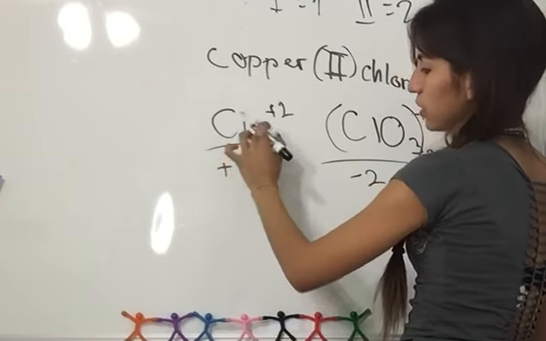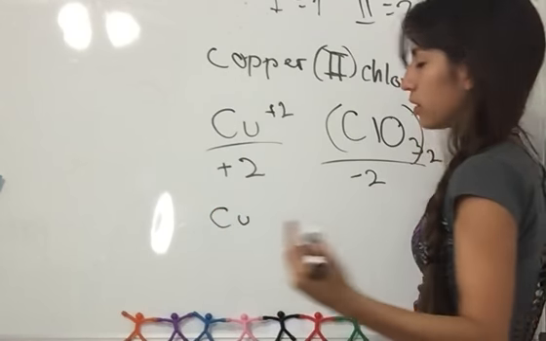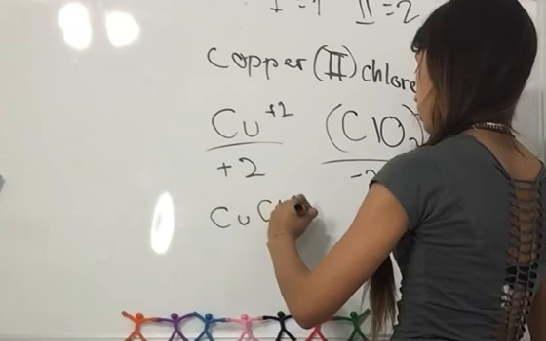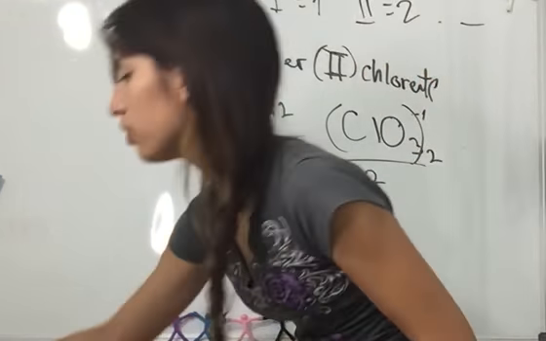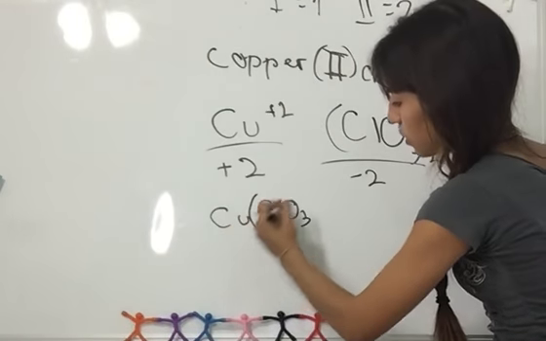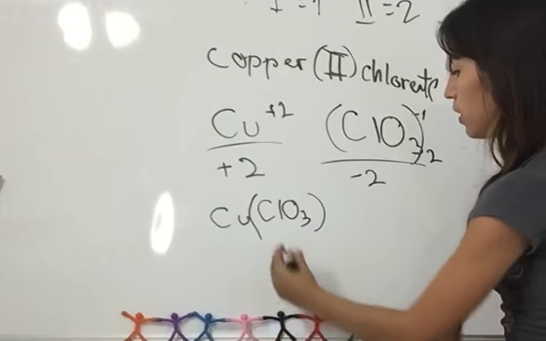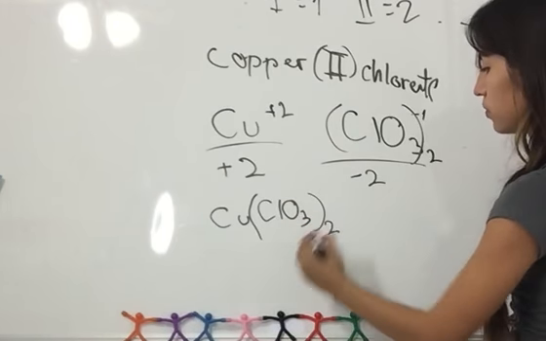You only really need one of these, so you write Cu, no subscript because you only need 1, and then ClO3. ClO3 is chlorate, but you don't want to confuse people, so you put the parentheses around it, implying that this is just one thing, and then once you have the parentheses, you have to write how many there are, and there's 2.